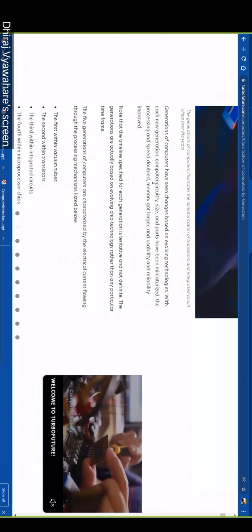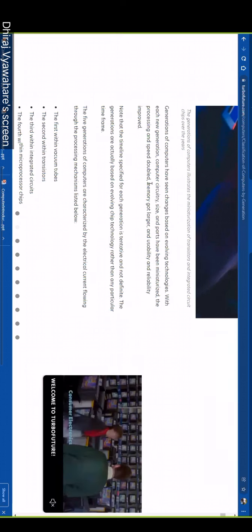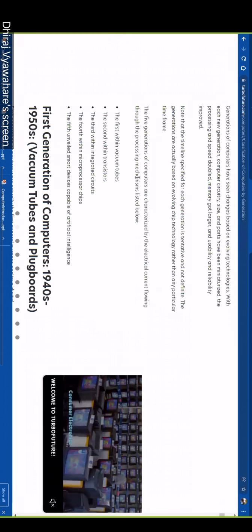That means its size gets reduced, the processing and speed get increased, memory got larger, and usability and reliability improves. Okay, so depending on that, the 5 generations of the computers are there.